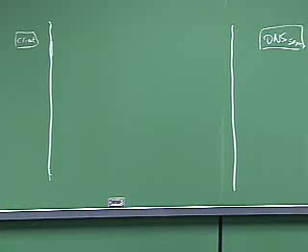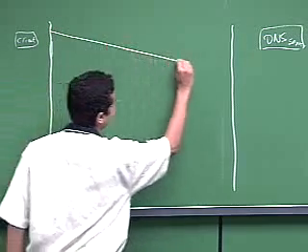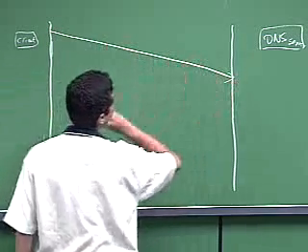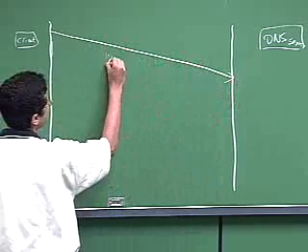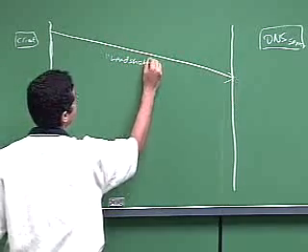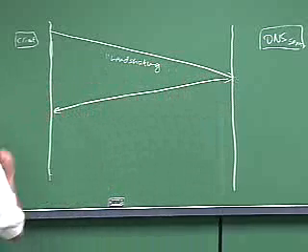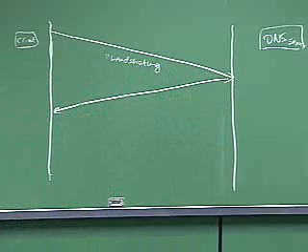In a connection-oriented example, you would send a message to the DNS server, which would be the handshaking message. The DNS server would respond with the handshaking.